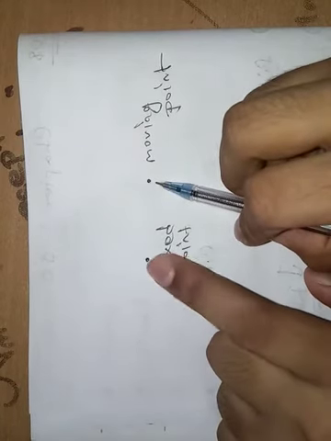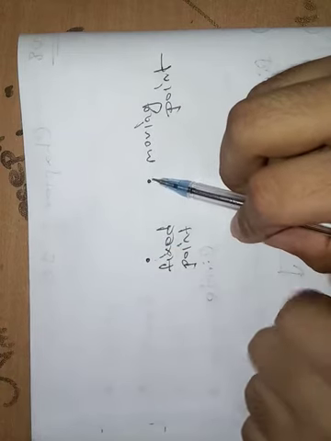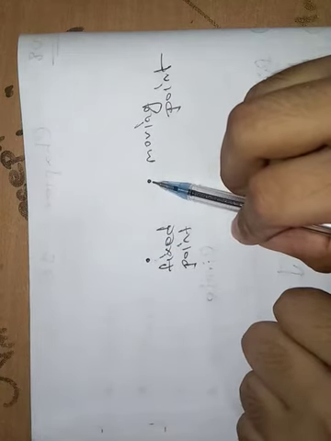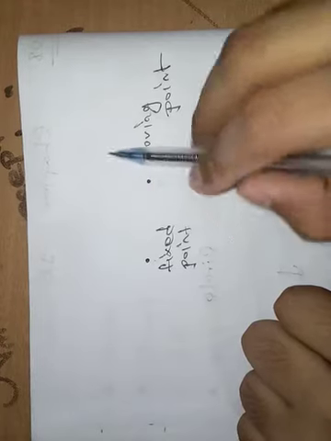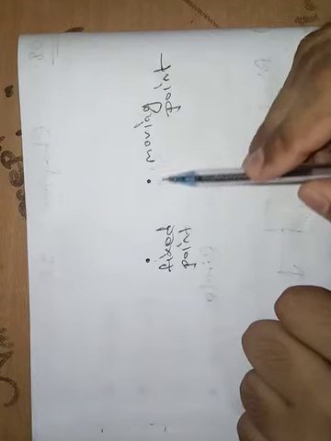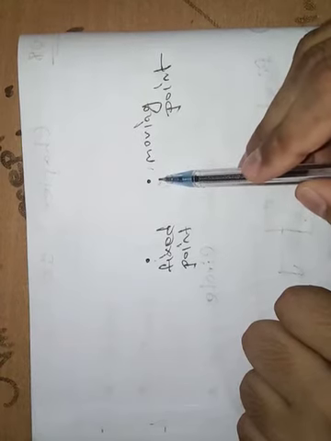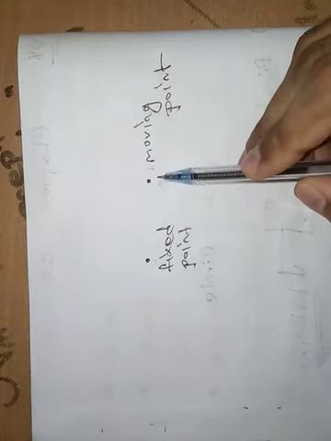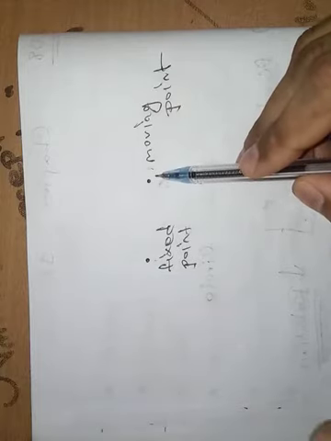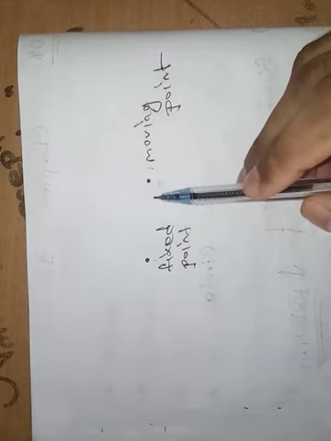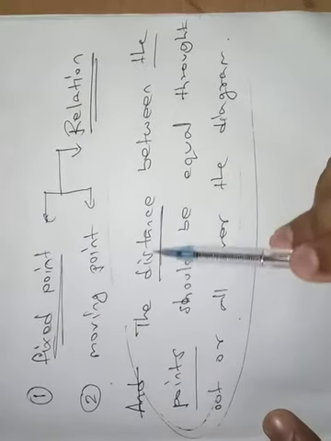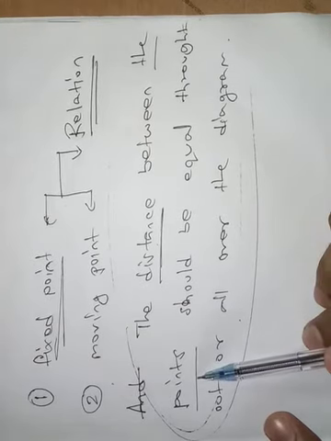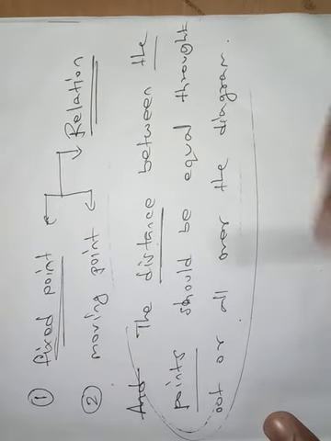We can't change the position of the fixed point, but we can change the position of the moving point. But we can't move it according to our wish. We have to follow the relation we have seen earlier. What is the relation? The distance between the points should be equal throughout the diagram.